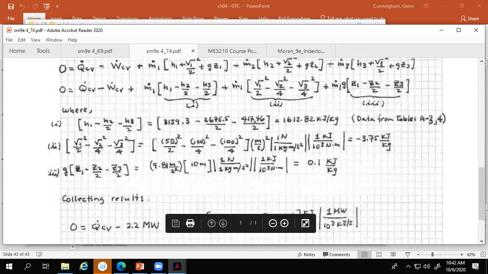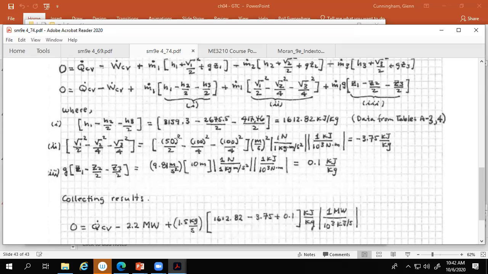Then the kinetic energy terms: V1 squared over 2 minus V2 squared over 4 minus V3 squared over 4. With all the conversions from meters squared per second squared to kilojoules per kilogram, that's minus 3.75 kilojoules per kilogram.